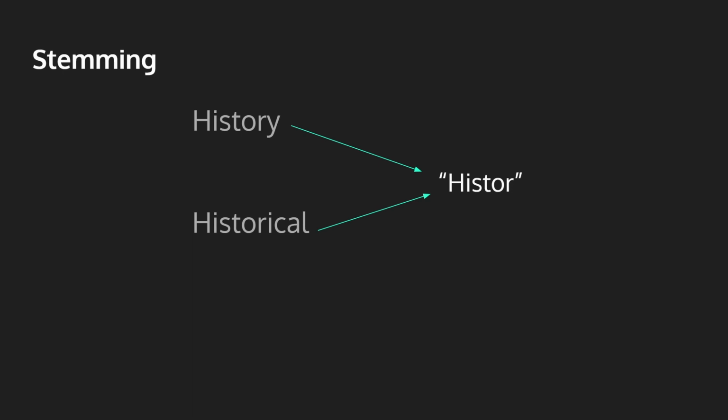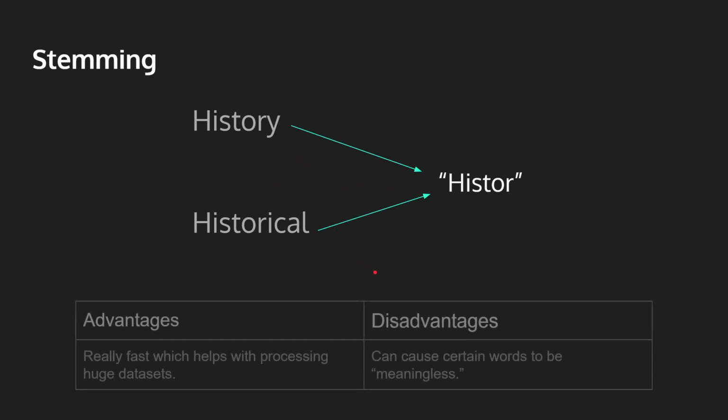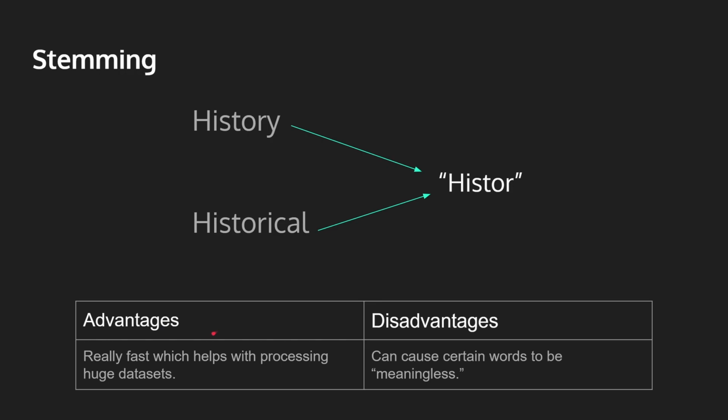It will help us with text preprocessing for huge data sets, so we don't have to worry about these different words. We can assume that they mean approximately the same thing. The advantage is that it's really fast, which helps with preprocessing huge data sets, and you often have to work with huge data sets in NLP. So stemming is very much used.